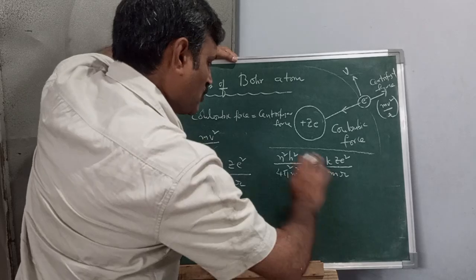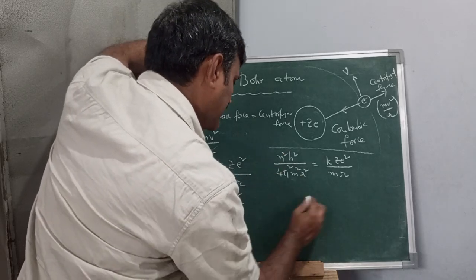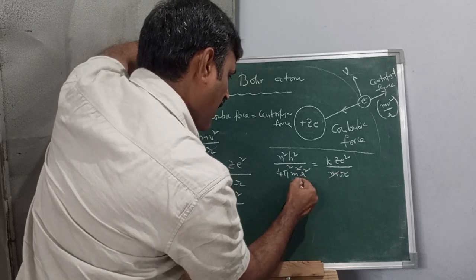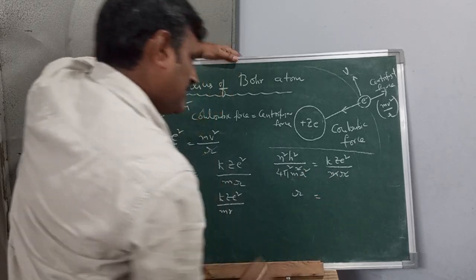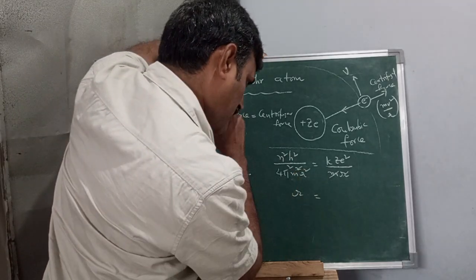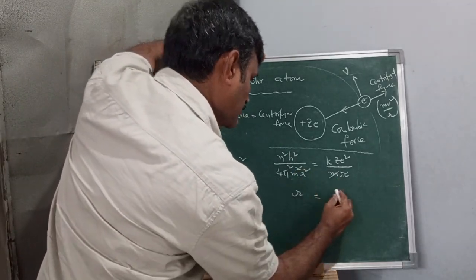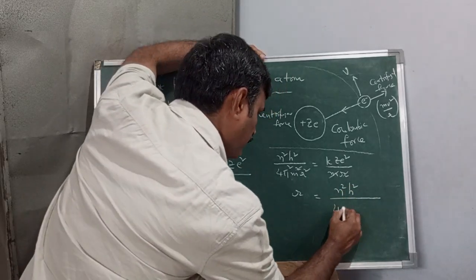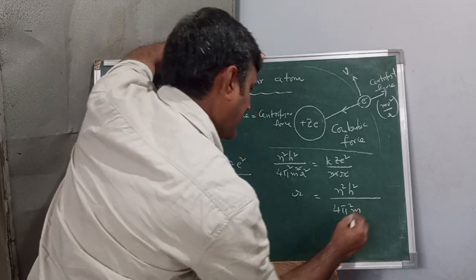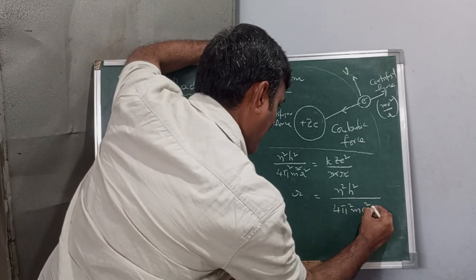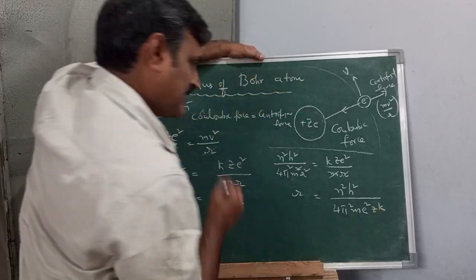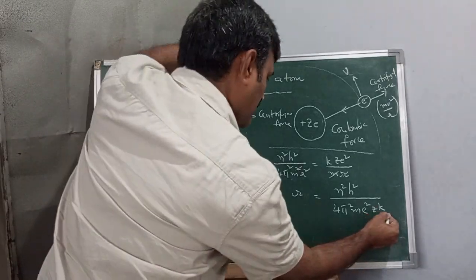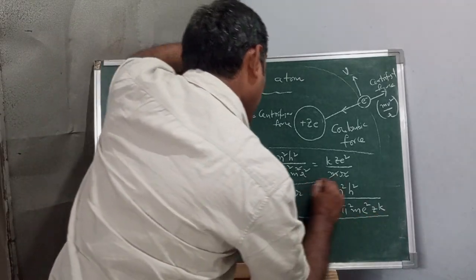Then if you rearrange all these things, finally what we get is r is equal to n square h square by 4 pi square m E square Z into K. This is what we call the nth orbit radius formula.